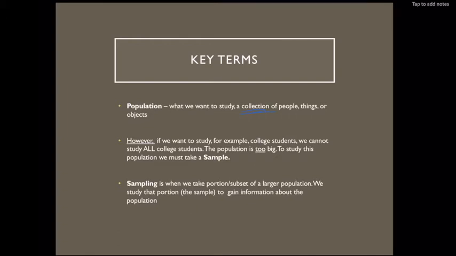So if I wanted to study students who took math courses, right, I could study a small group of students at my university, right, because it'd be impossible to study every single student taking math across the world, across the United States, across Missouri. It depends on my parameter, on what population I'm looking at specifically. So we want to take a smaller sample in order to gain information about the population.